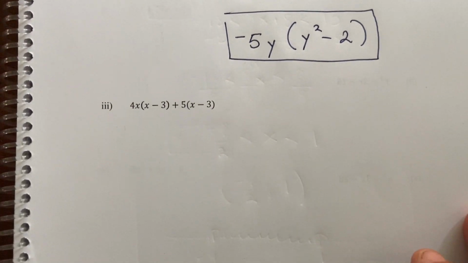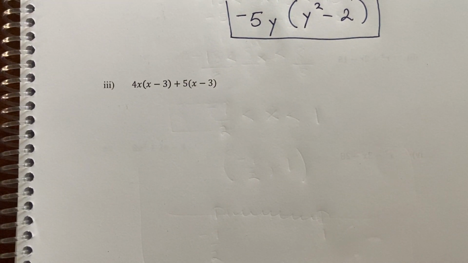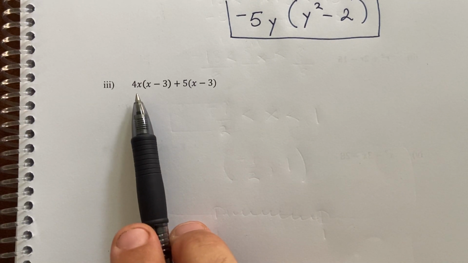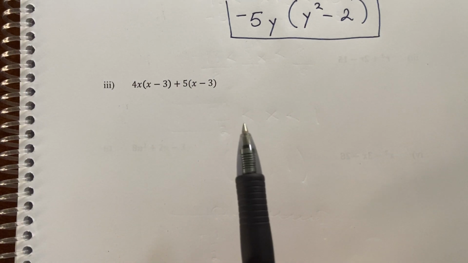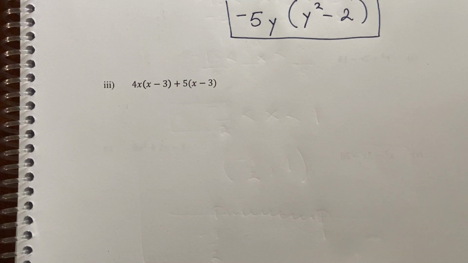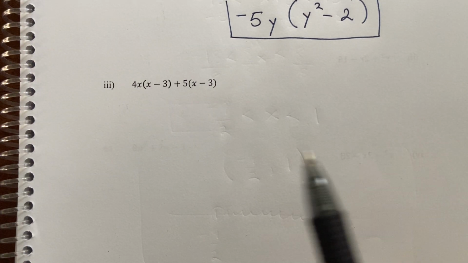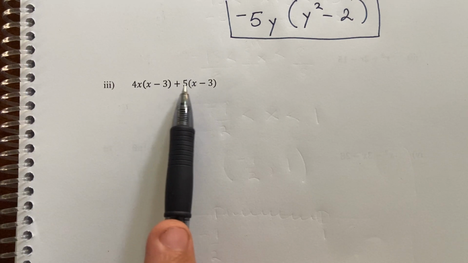Okay. Third one here. This is still just 6.1, I believe. So here's an interesting one. We have two terms, and still we want to factor out what's in common. This one might throw you off a little bit because you already have parentheses here.